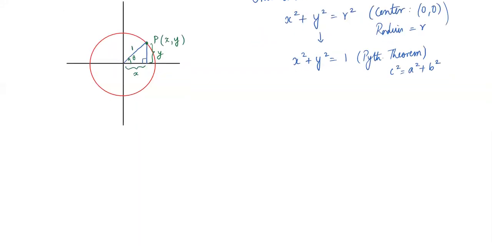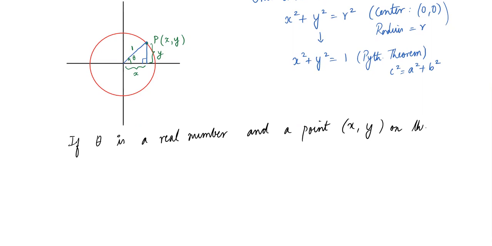So here we define, if theta is a real number, we're trying to do this in terms of radians, so you can think of it as a real number. And a point x comma y on the unit circle corresponds to a central angle theta, right?